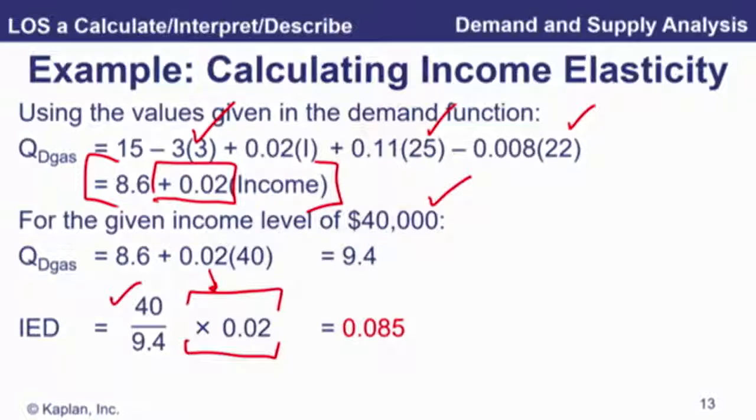There it is. What is the quantity demanded at that income level? Well, let's just finish off the calculation. 8.6 plus 0.02 times that 40 gives us 9.4. There is our current quantity demanded. Multiplied by 0.02, the slope coefficient, change of income given change in price. Multiply that out and you get 0.085.